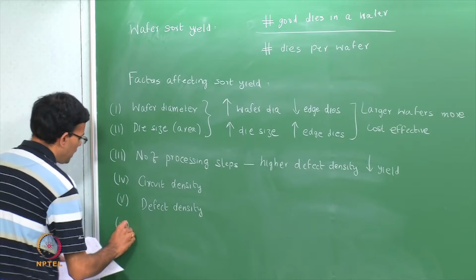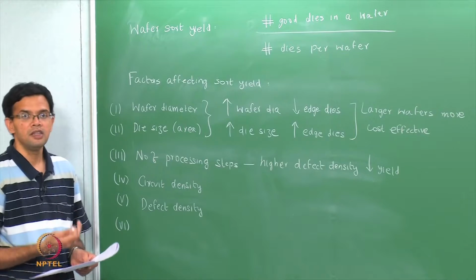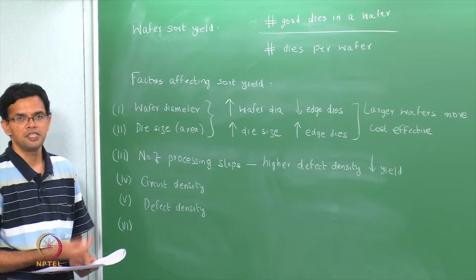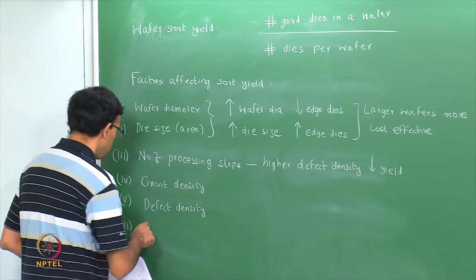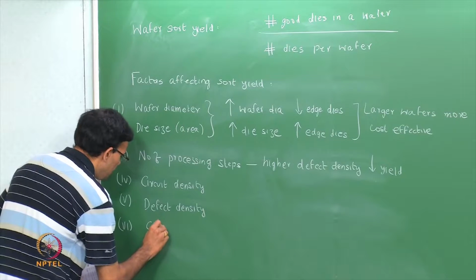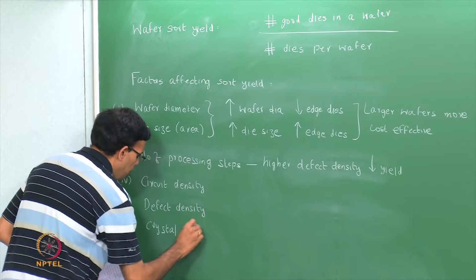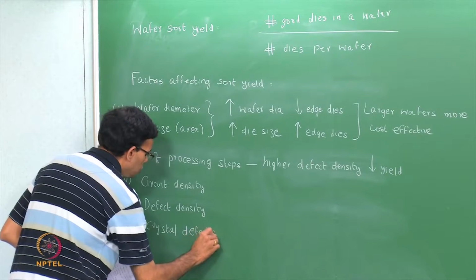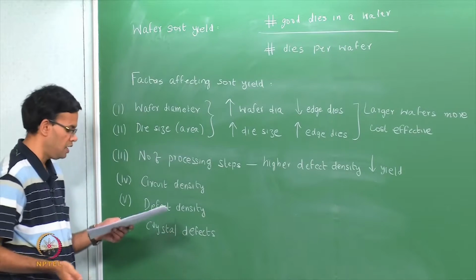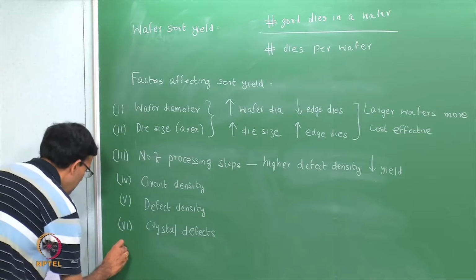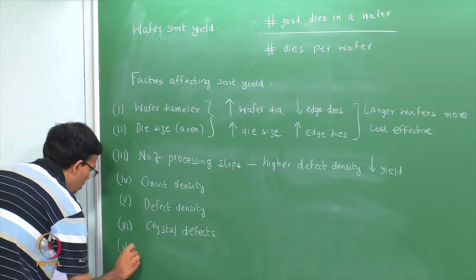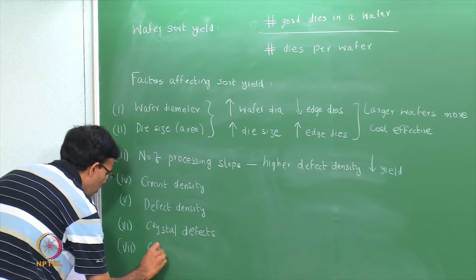So, any defects that are present within the silicon crystal can again affect the processes. So, these are defects that are present even before the wafer enters the fab. So, this is during the manufacturing of the silicon wafer, and also the cycle time or the process time.